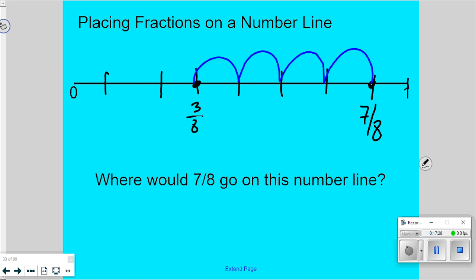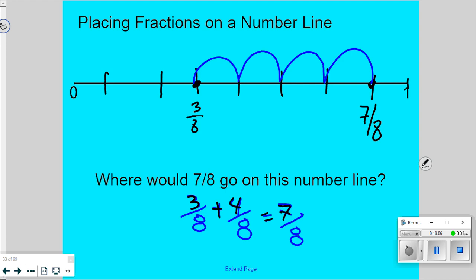Evelyn's noticing, hey, 3/8 plus 4/8 is equal to 7/8. That looks really similar to 3 plus 4 equals 7. 3 puppies plus 4 puppies equals 7 puppies. As long as my unit, what I'm counting, is the same, I can do that.